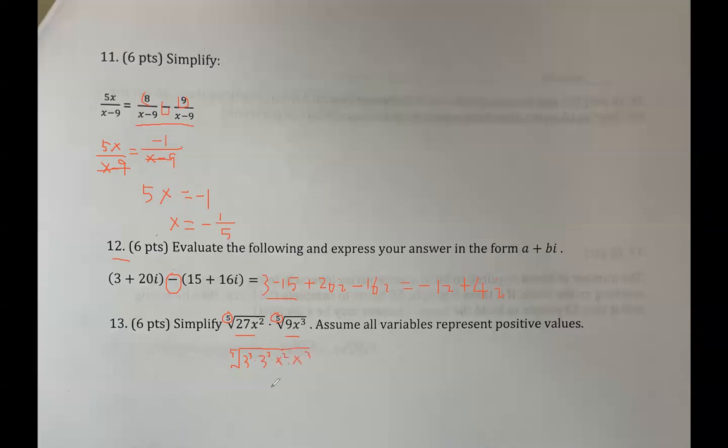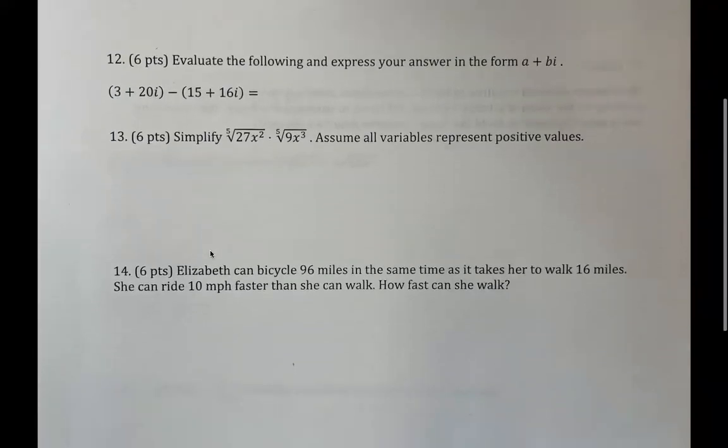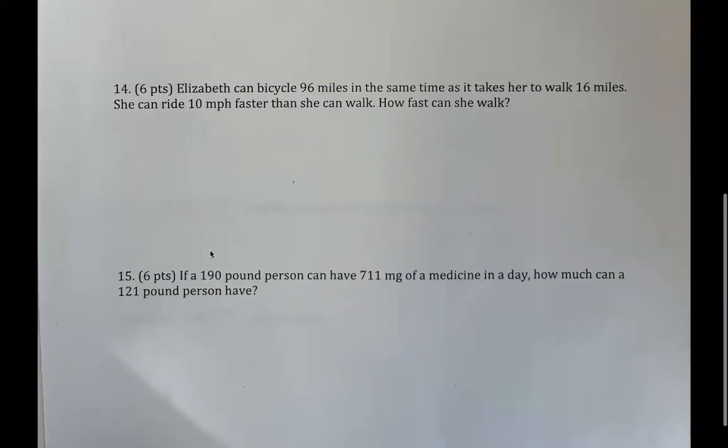What do you see? We have 3 raised to the power 5, x raised to the power 5, all under the index 5. When the power and the index are equal to each other, they cancel out. So we just get 3x. That's 13.